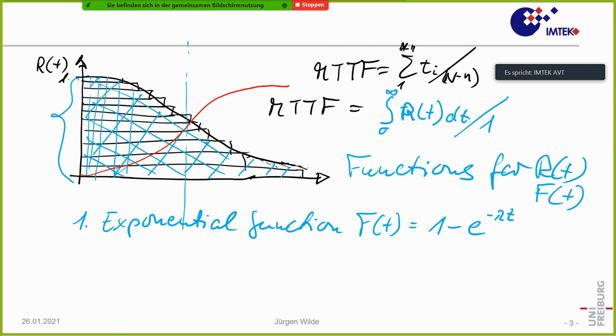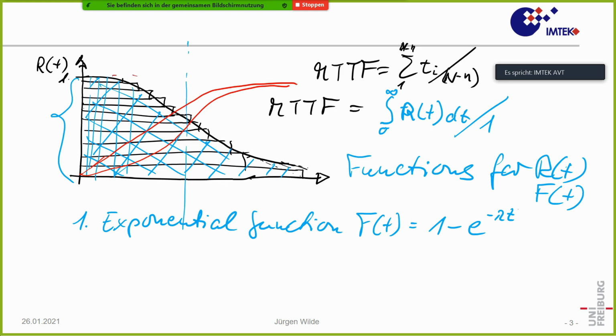The second important curve is the Weibull function. Of course, depending on the parameters of this equation, we can have a different behavior of the failure function over time.